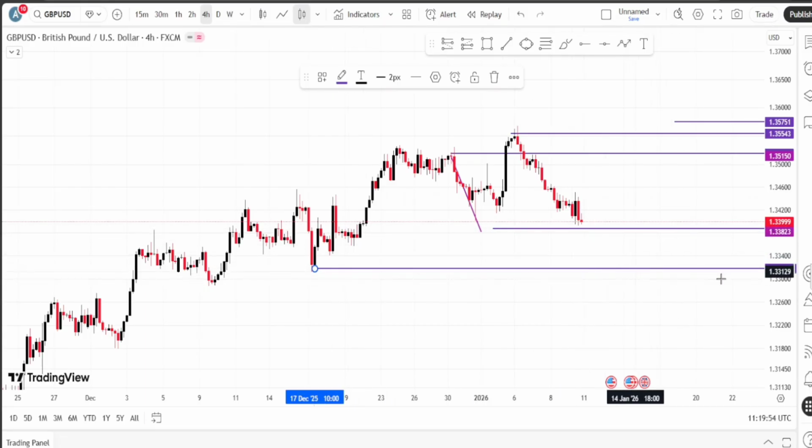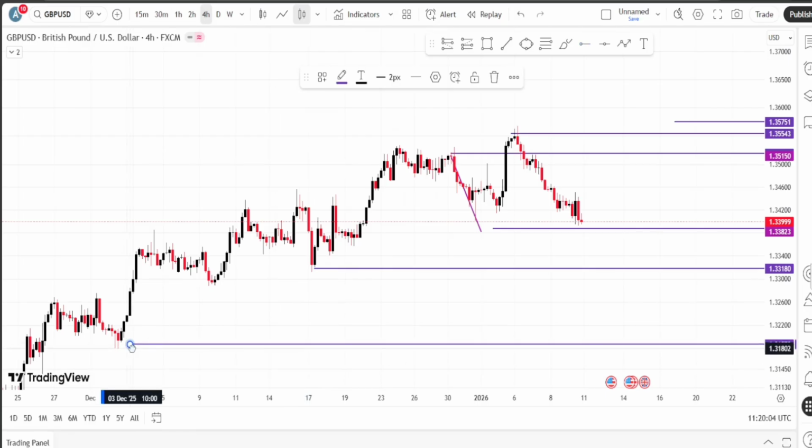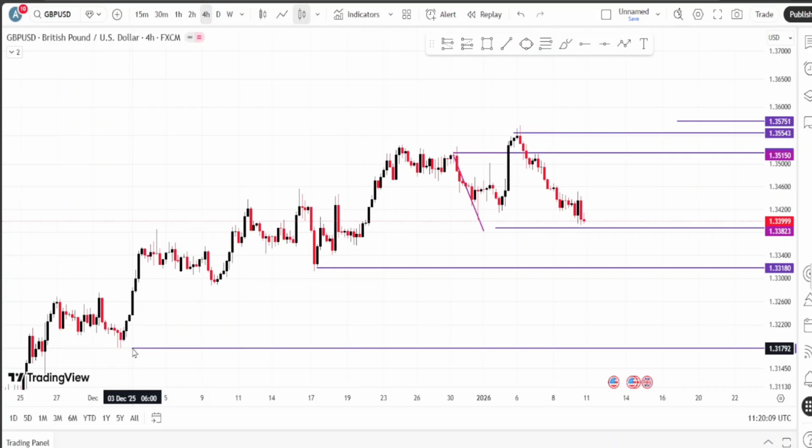Then I am going to target 1.33180. And if price is aggressive and I want to go extreme, my second target is going to be this liquidity area here. That will be my second entry.